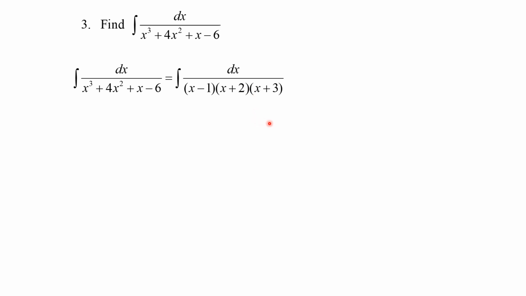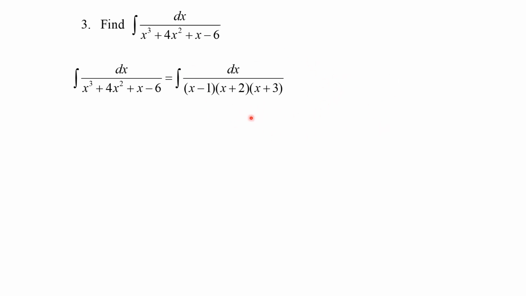Your next step will be, of course, to determine the partial fractions. Please work out how to determine the partial fraction. It will be 1 over (x minus 1)(x plus 2)(x plus 3) equals a over x minus 1, b over x plus 2, and c over x plus 3.